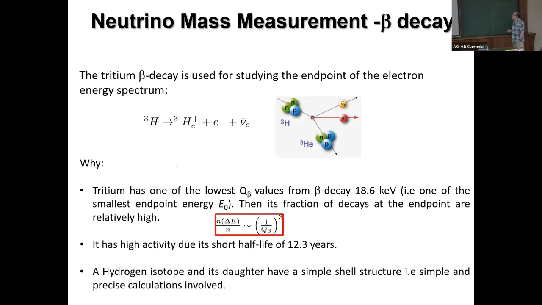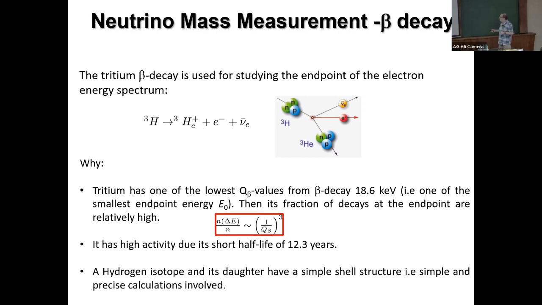And then the nucleus that is usually used is tritium. The advantage that tritium has is that it has the lowest Q beta. Q beta is the endpoint, E0. This fact that it has the lowest E0 implies that this fraction is going to be relatively high with respect to the other possibilities.